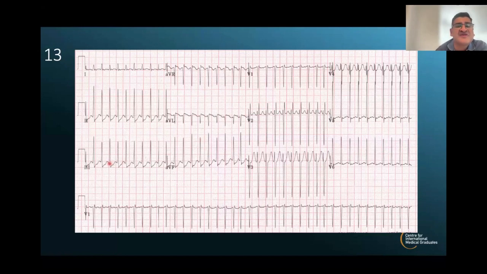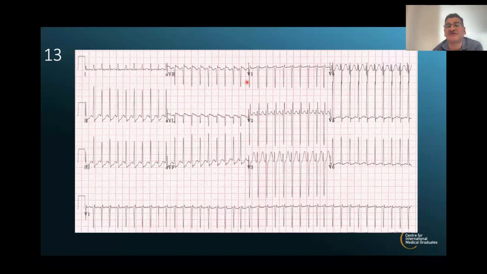The P waves, I'm not sure you can discern, because this might all be T wave stuff. It's hard to know. So all you can really say confidently is that there is a narrow complex tachycardia.